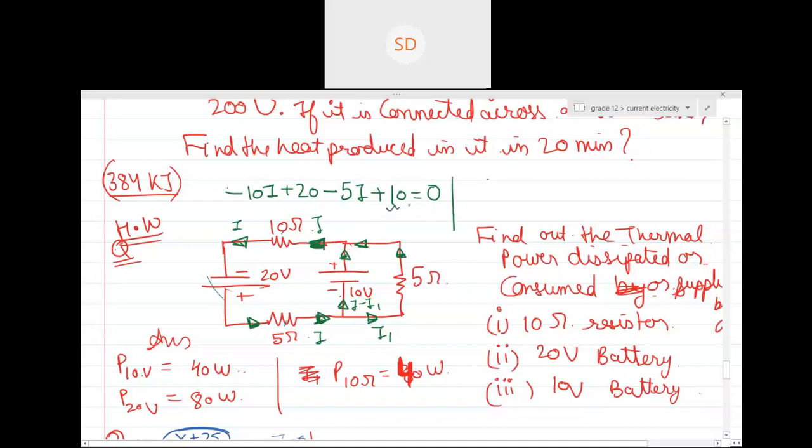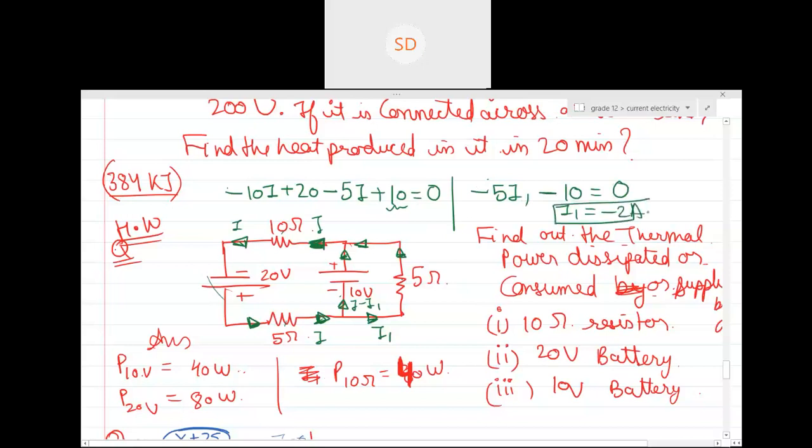I think here you made a mistake. And the second loop is minus 5i1 minus 10 is equals to 0. So I1 will be equals to how much? Minus 2 actually. I1 is basically minus 2 ampere.